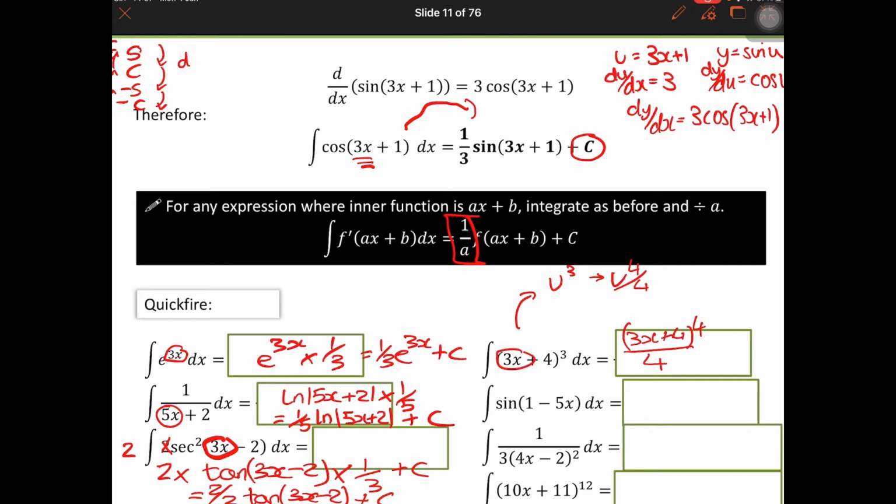So in this case, I've got 3x, so I'm going to have to times it by a third, and again, I'll have a c. So my final answer will become 1/12 lots of 3x plus 4 to the 4 plus c.